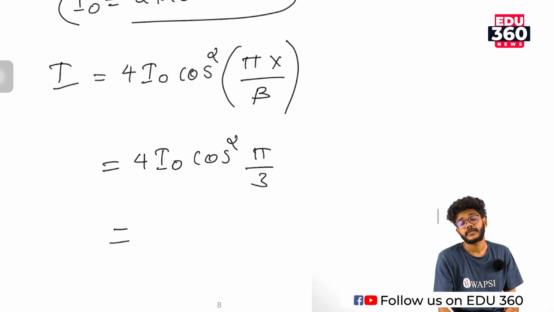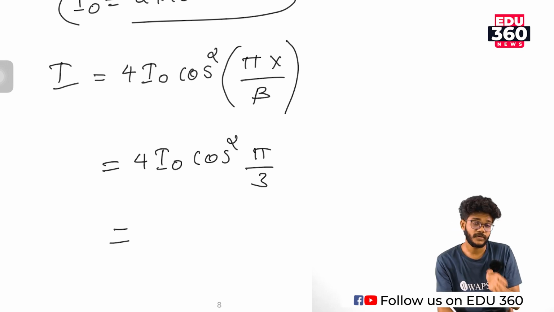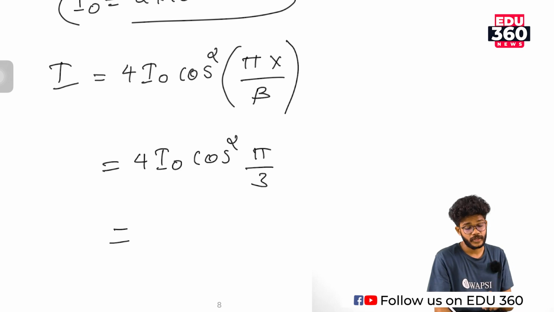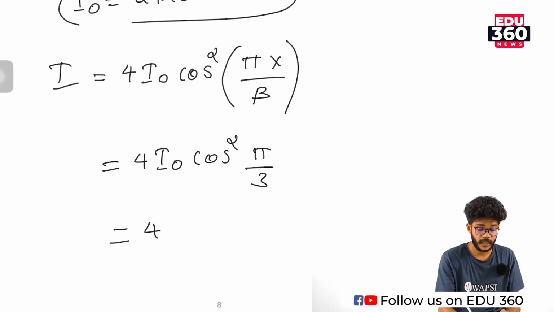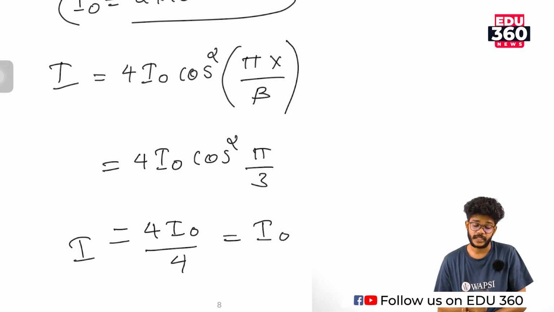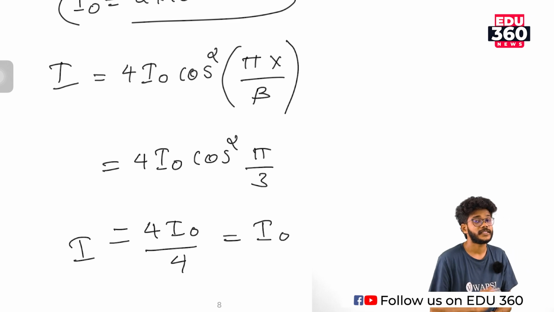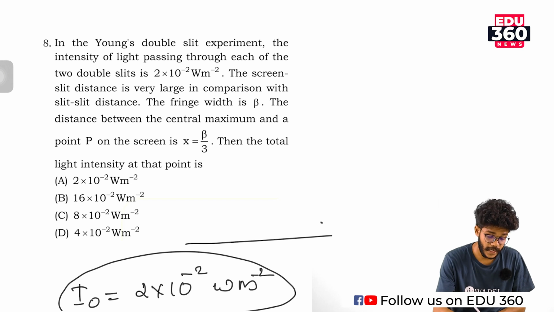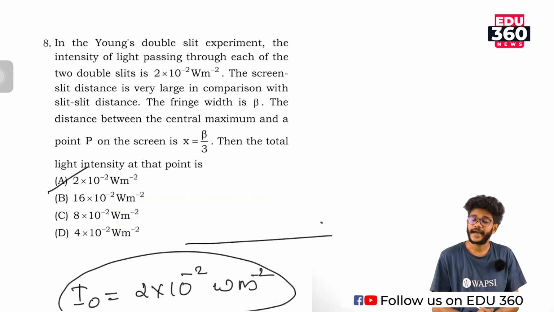Pi by 3 means 60 degree. Cos 60 is 1 by 2, so 1 by 2 square is 1 by 4. So 4I0 by 4 gives I0. So the intensity is I0, same as the intensity coming from the hole. That means option A is the correct answer.